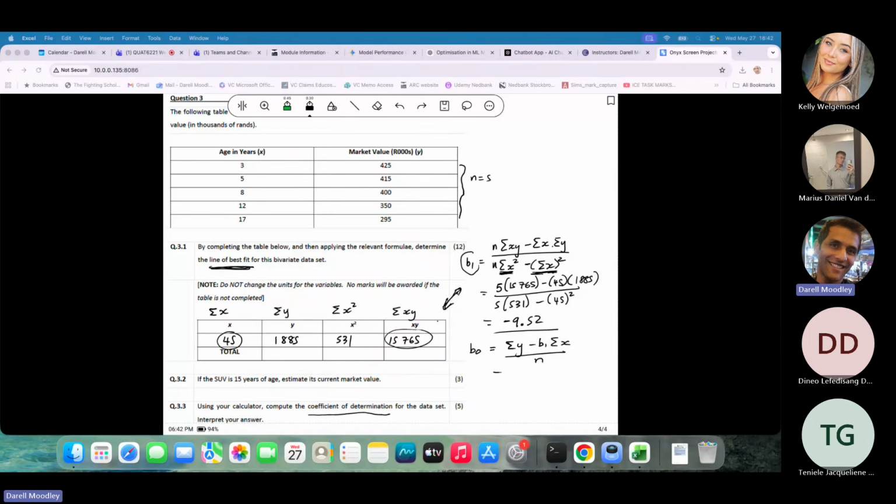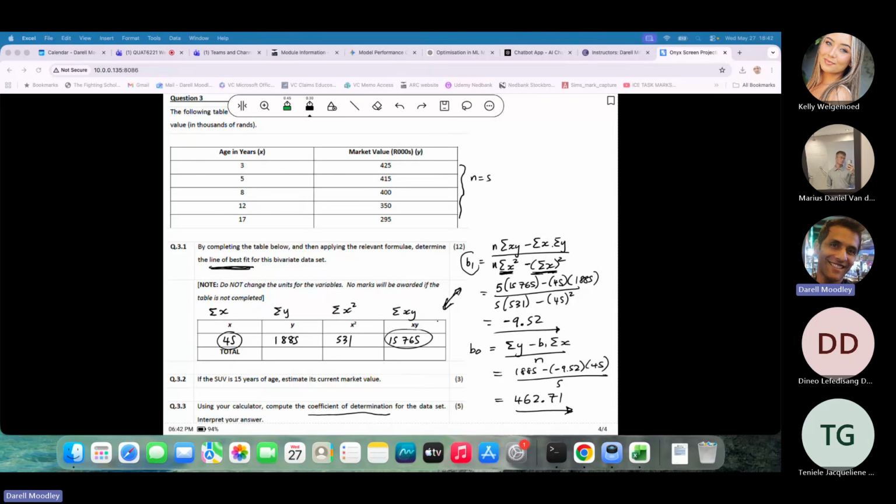Now, if you plug those values into the formula, you're going to get sum y, which is 1885 minus minus 9.52 times sum x, which is 45, all over 5, and that gives you a value of 462.71. All right, so you found your b1 and your b naught.